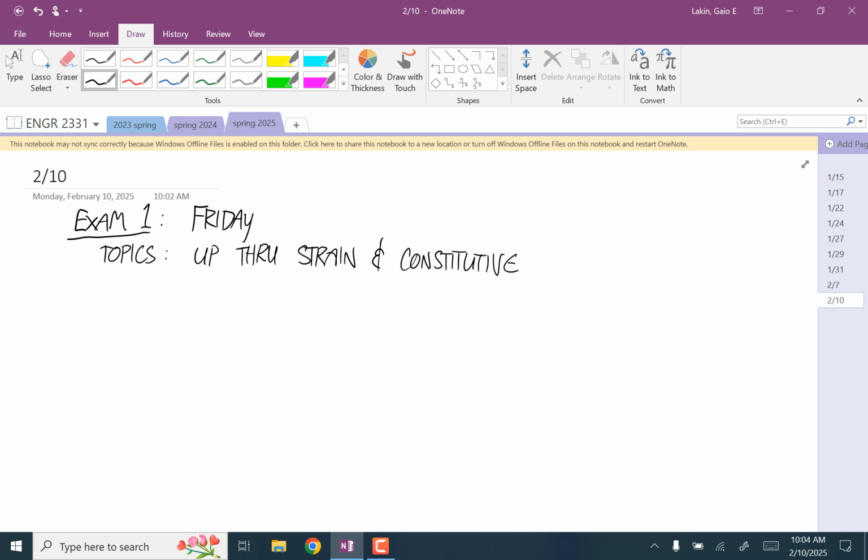So you're definitely going to want to have your calculator working with the compliance matrix and rotation matrix.